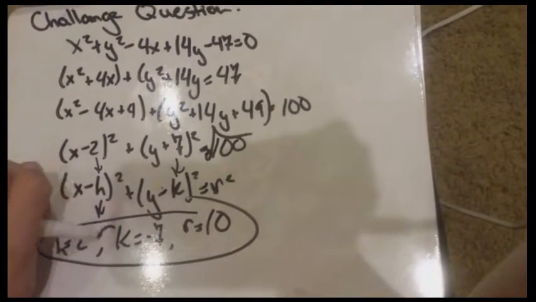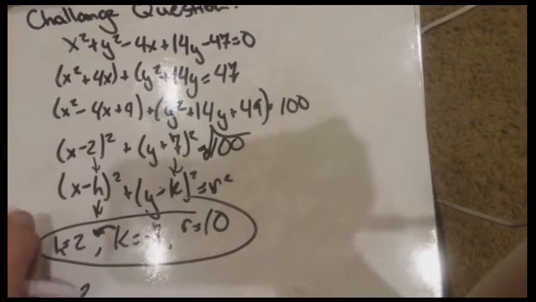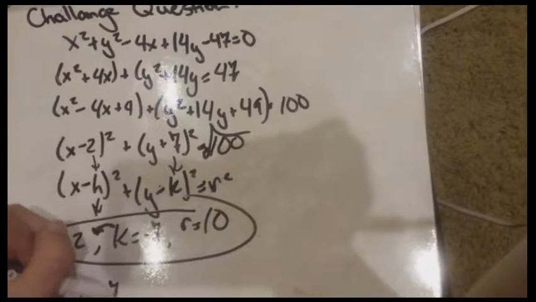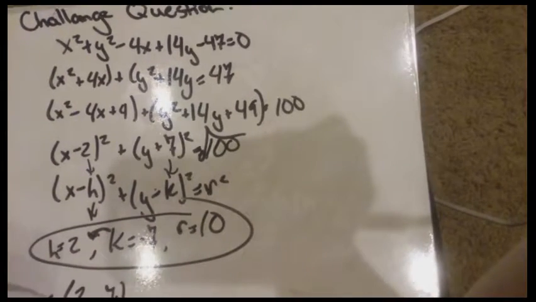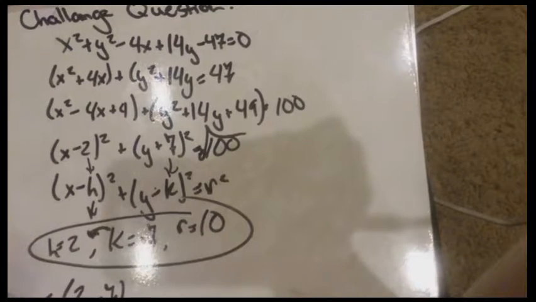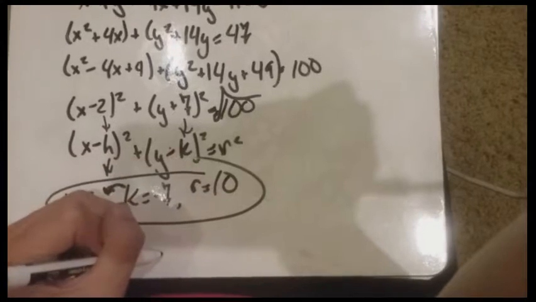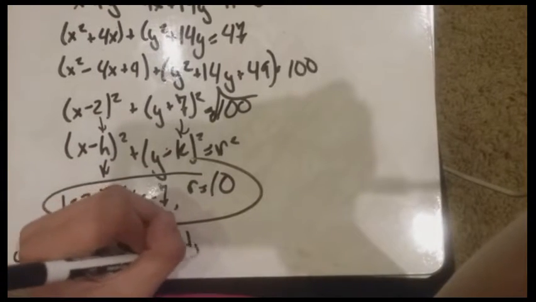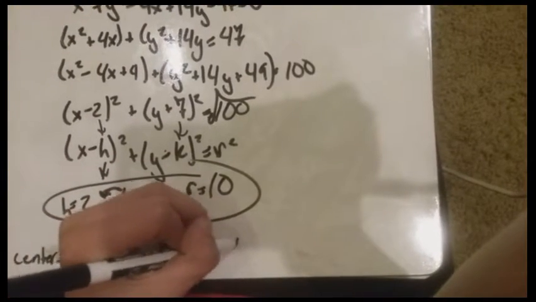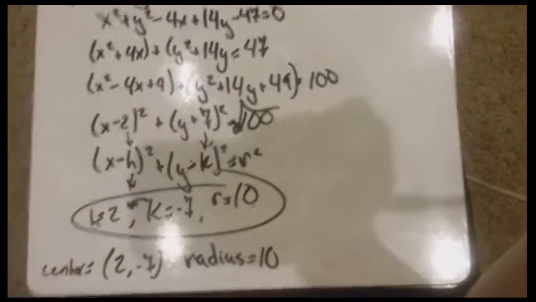So the center is (2, negative 7), and the radius equals 10.